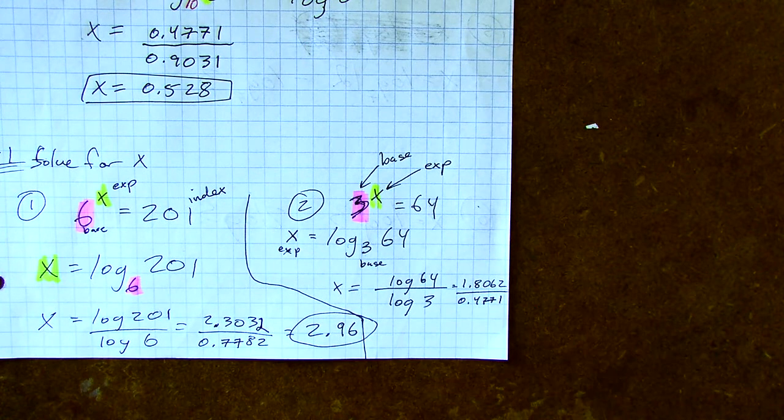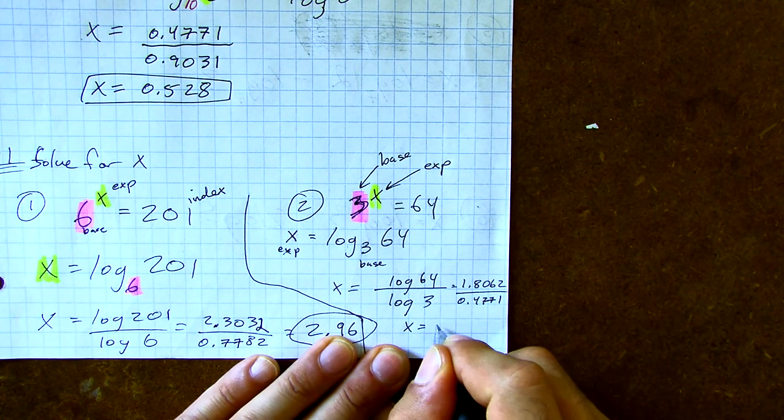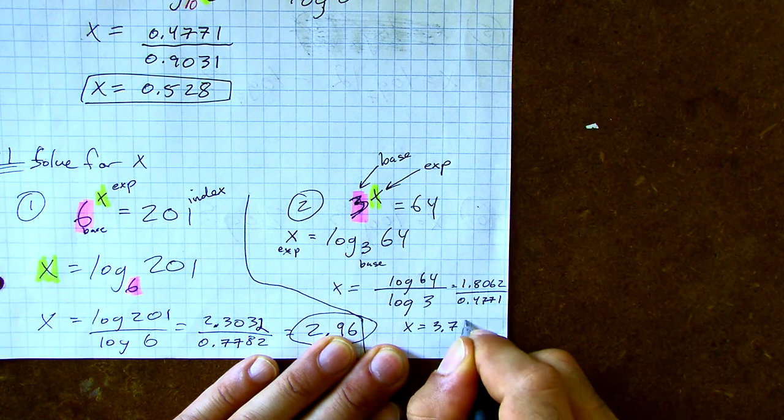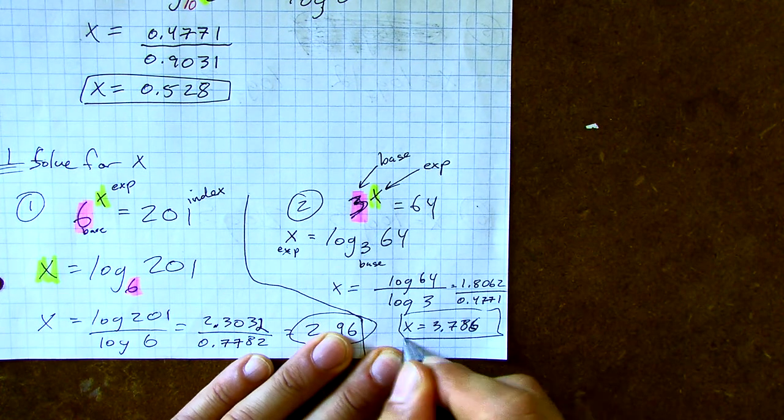And then let's just divide those out. 1.8. See how I'm going to lose some digits here. You would need a fancier calculator that can remember all the entries. 3.786. Keep it like that. So here is my x value, and let's see if this works.